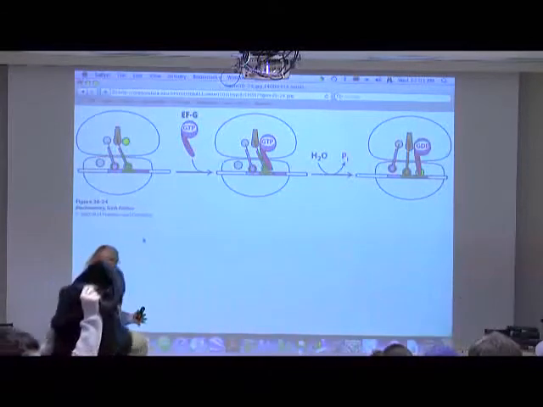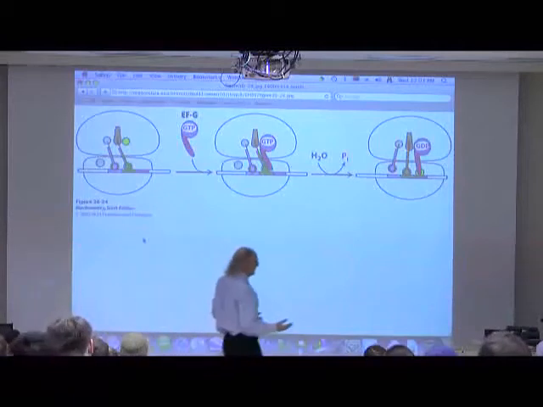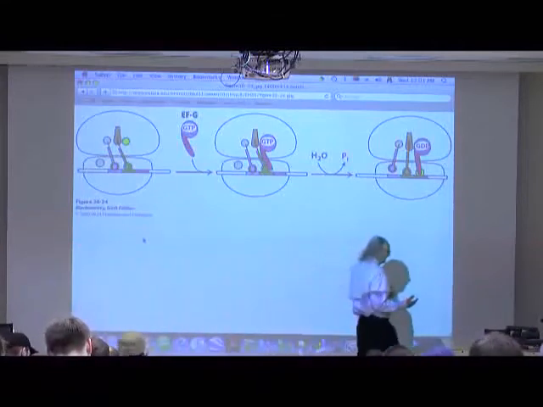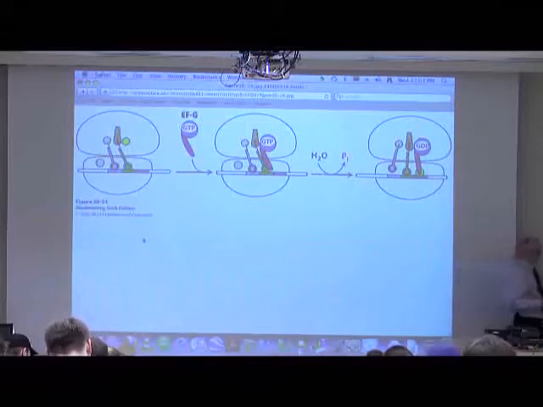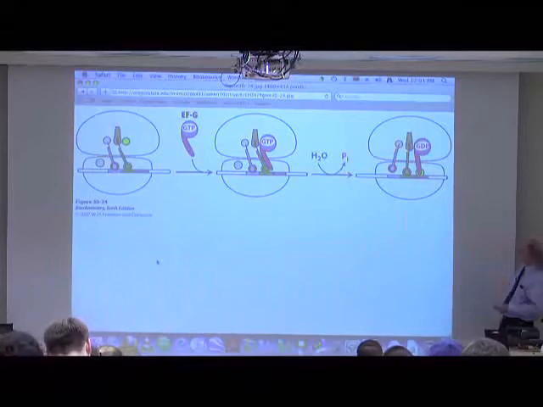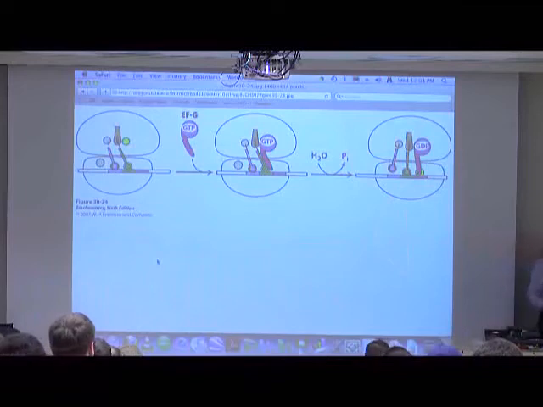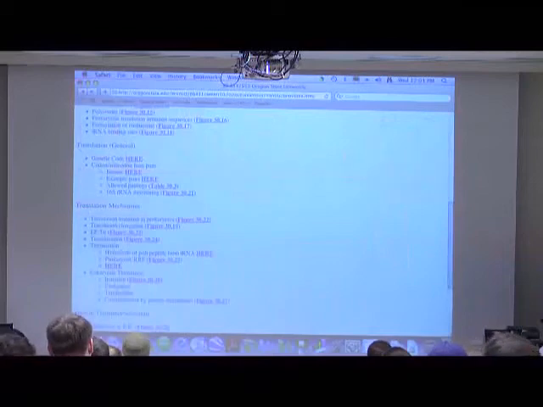EFG cleaves GTP as an energy source in facilitating this entire process. After translocation has happened, this G protein, which has the GDP in it, goes away. And we're left with an open A site for the next transfer RNA to come in and continue the translation process.